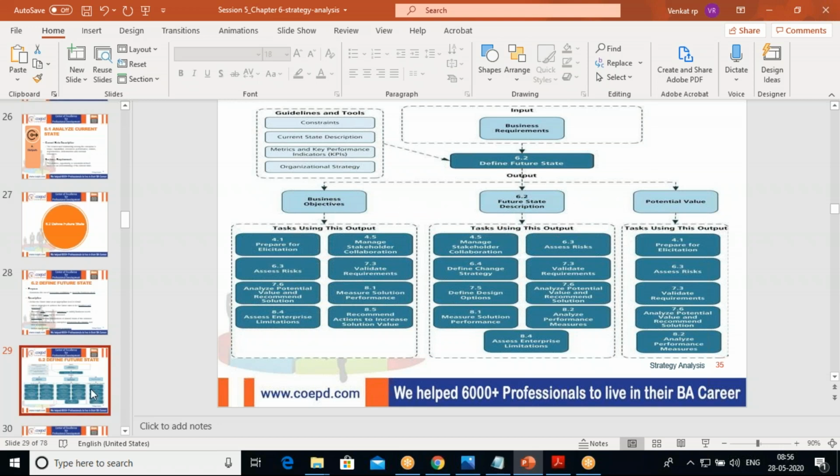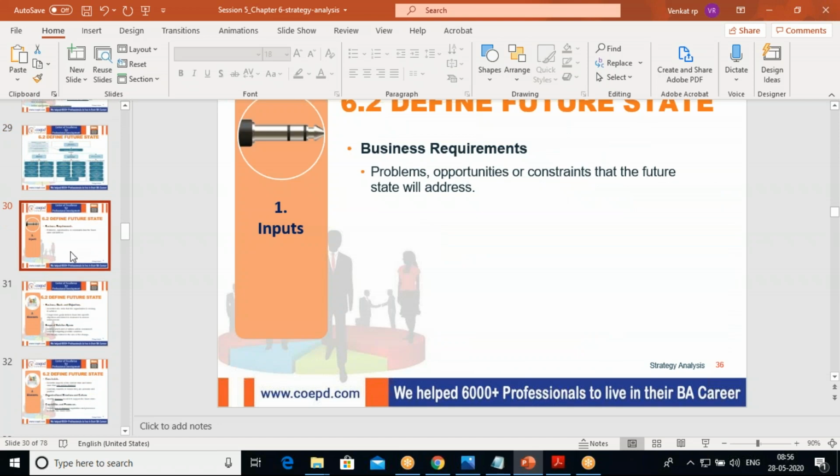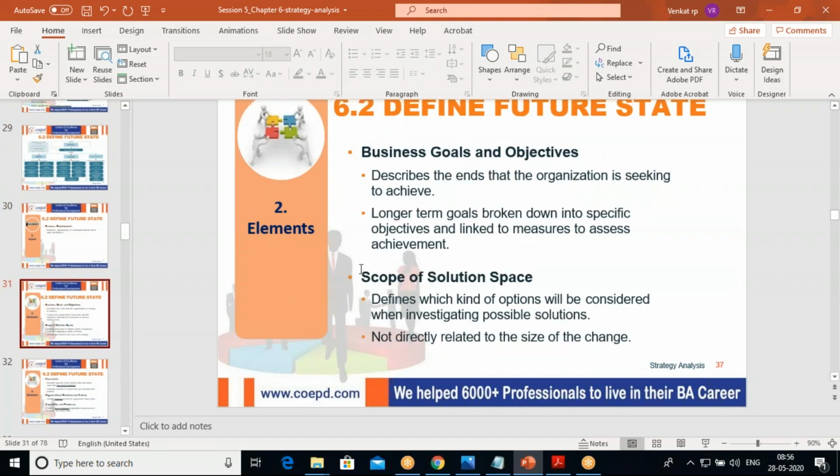Okay. And then we are going to understand the business requirements, we know about it. And now let us look into the elements. In elements, we have the business goals and objectives. That means where we have to reach, what are the business goals we have, what are the objectives we have, and how those long-term goals are broken down into specific objectives and linked to measures to assess the achievements.